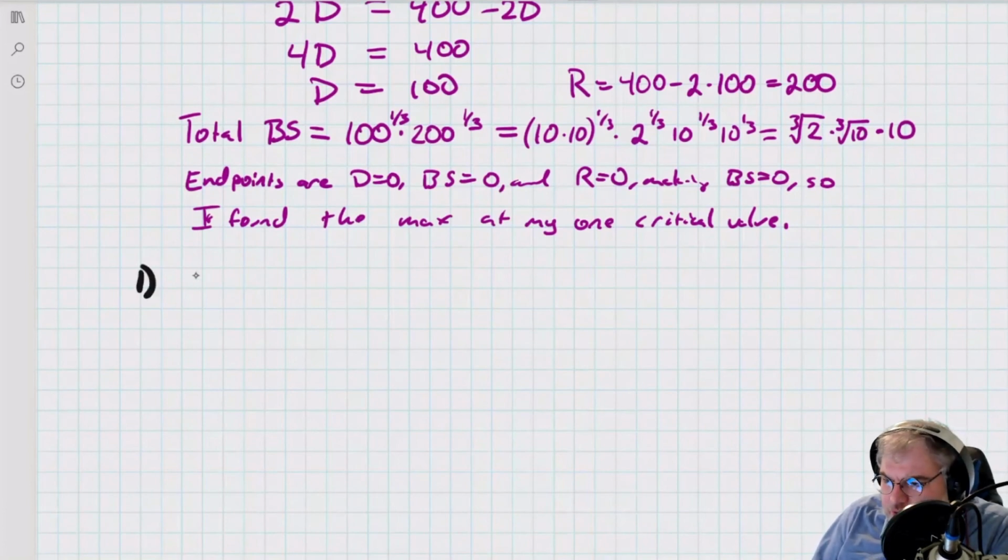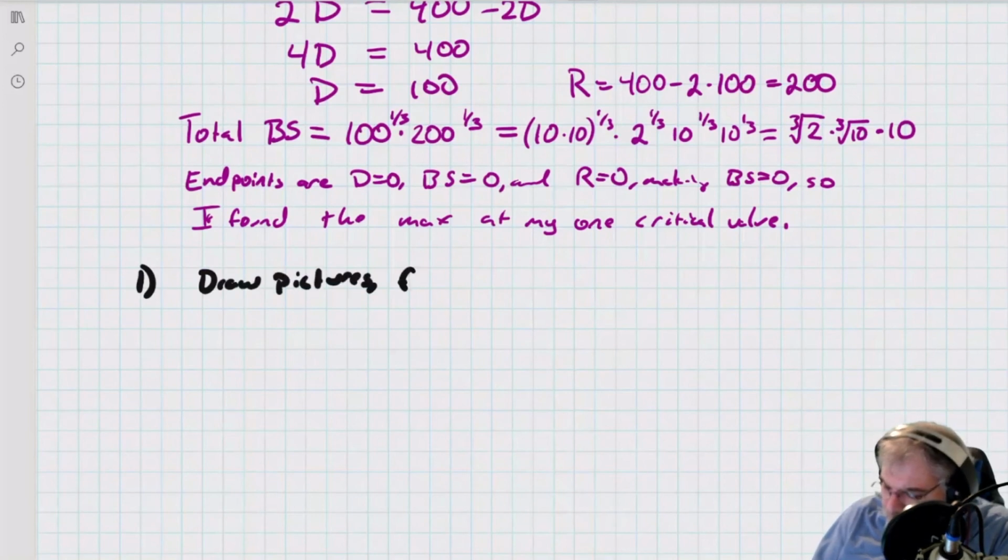1, draw pictures. Find formulas, etc. 2.